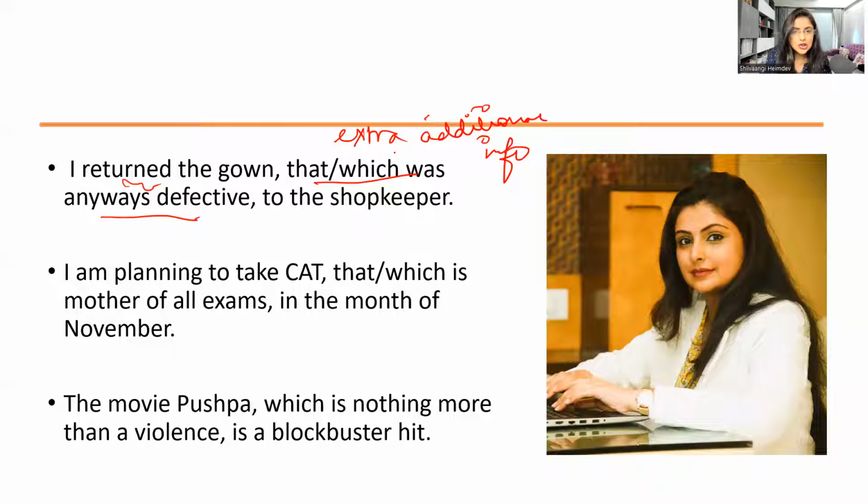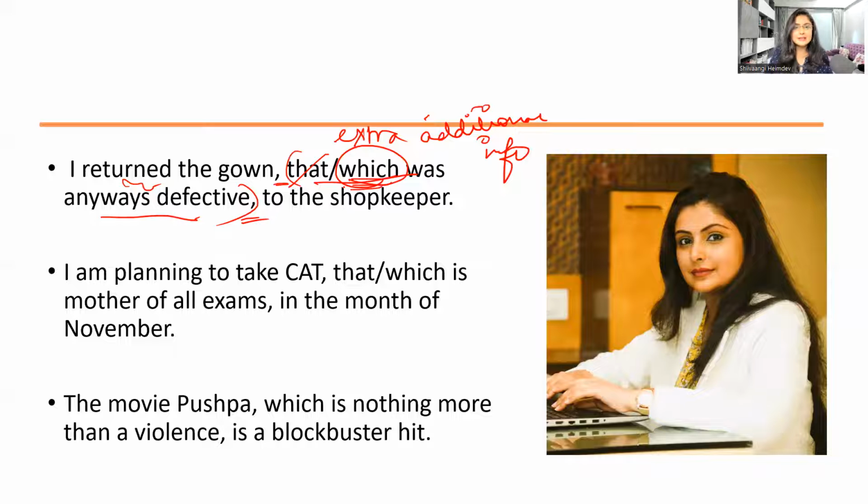And additional information in the sentence will always be surrounded by commas. Whenever you see commas, it's a trick. Apply which. So I returned the gown, which was anyways defective, to the shopkeeper. This is an extra, additional information, and hence I am making use of which over here.